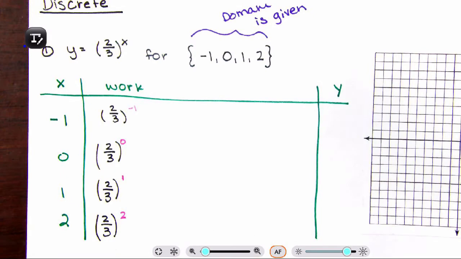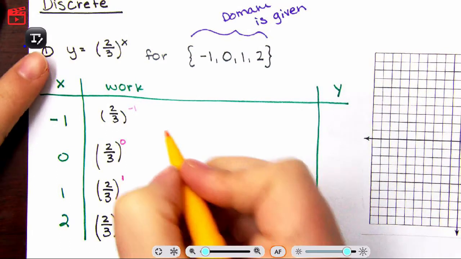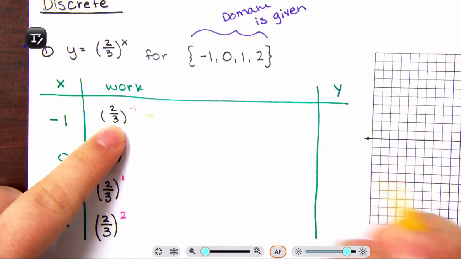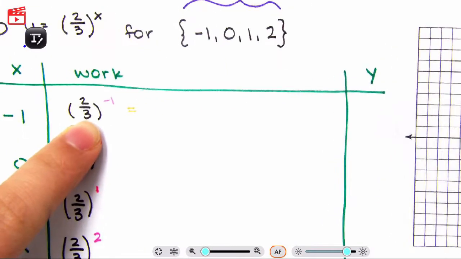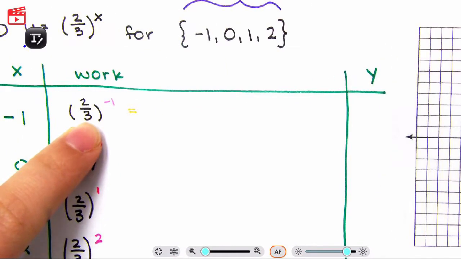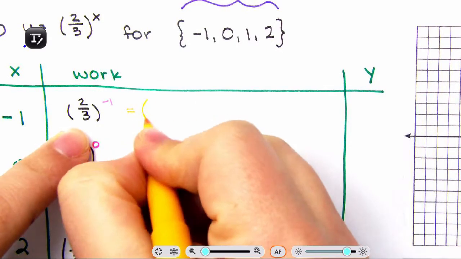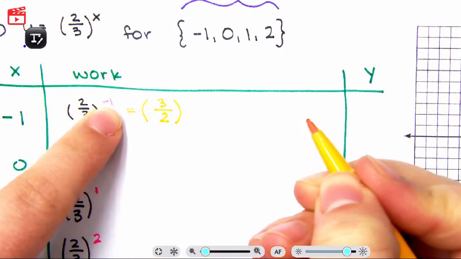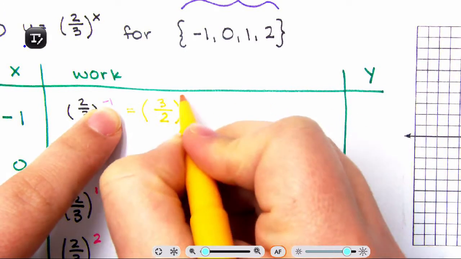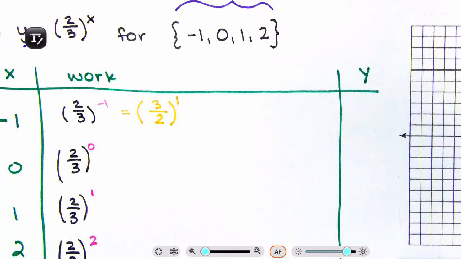So how do we solve something like this? Well, we have to go back to what it means to have an exponent. What does it mean to have a negative exponent? What does it mean to have a positive exponent? For a negative exponent, if you have a fraction, you skip step number 1. If you don't have a fraction, you have to make a fraction. Since we have a fraction, you're going to flip that fraction. So now the 3 is on top, 2 is on the bottom. You're going to remove that negative, and I'm just going to keep whatever number that is.